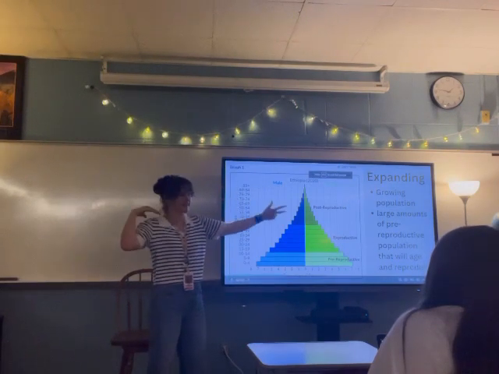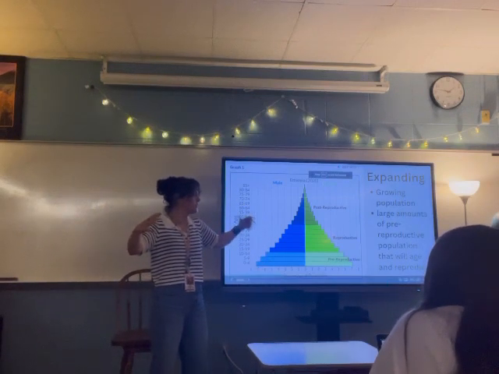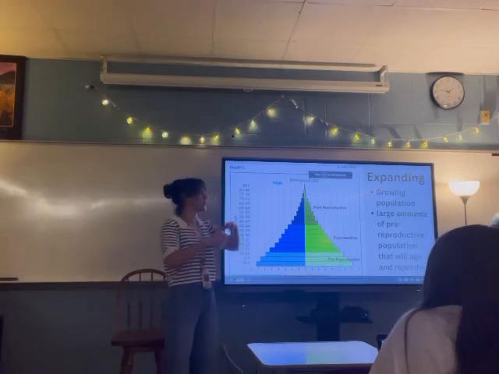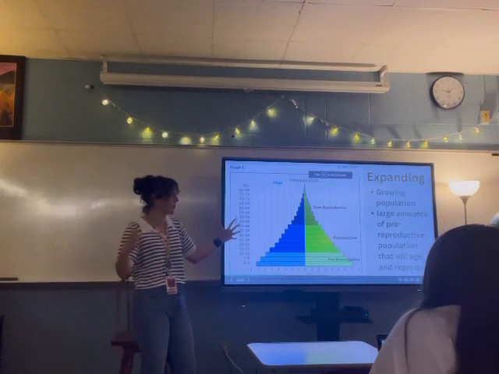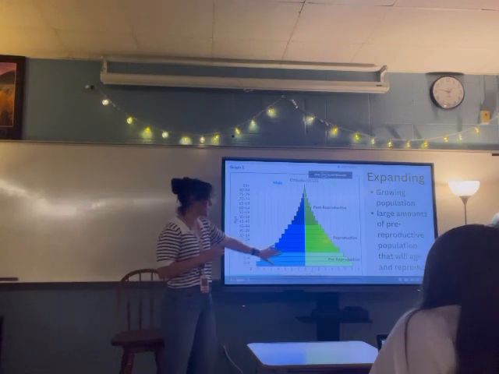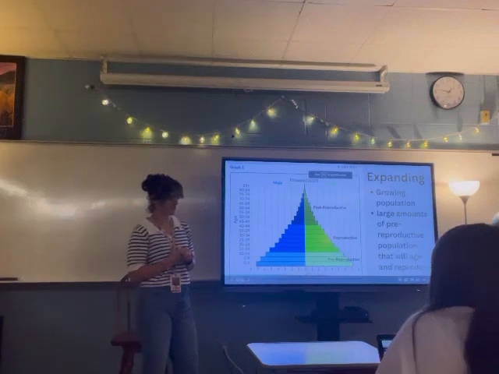They're going to grow up and they're going to have kids. And if we look at how wide this base is, it's just going to get wider and wider and wider, right? So an expanding pyramid is where it shows a population is growing, right? It's expanding, it's getting bigger. Lots of pre-reproductive age people that will eventually be reproducing, okay?